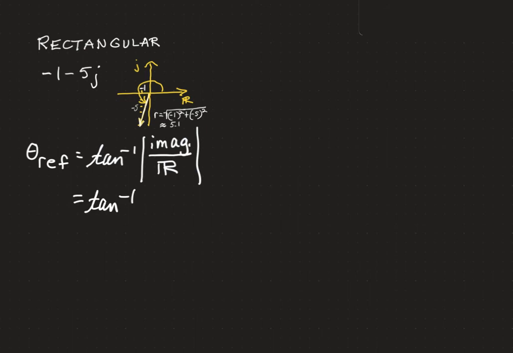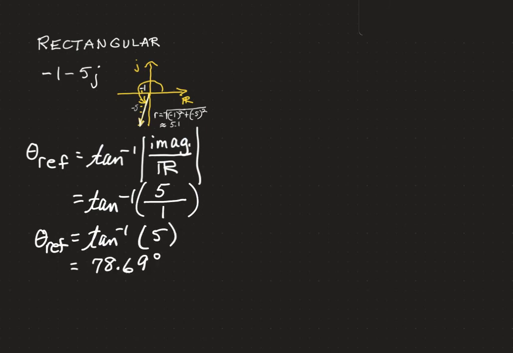And rather than using my calculator to do the absolute value, I'm just going to drop the negative from in front of the 5 and the negative from in front of the 1. So I'm looking for the inverse tangent of 5. That will give me my reference angle. And after putting my calculator into degree mode, I find that I have a reference angle of 78.69 degrees.